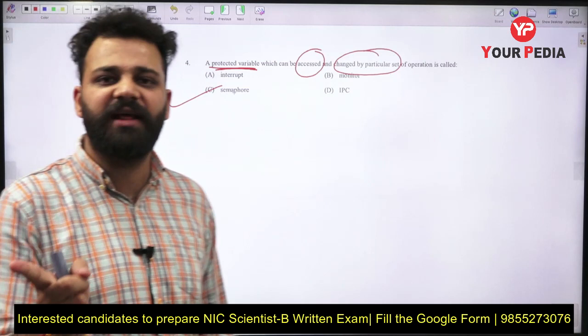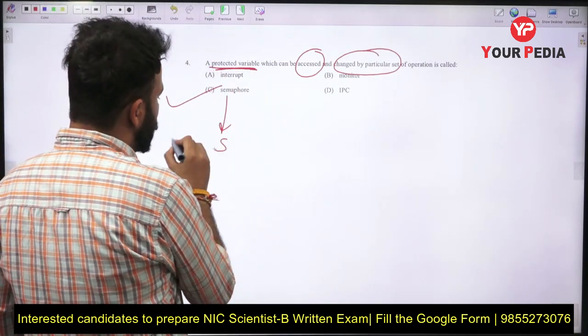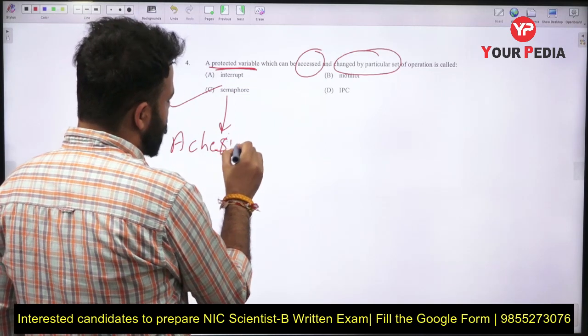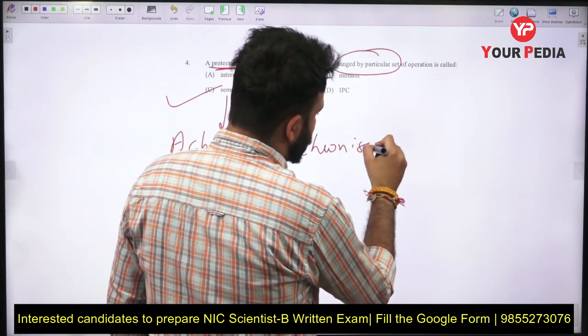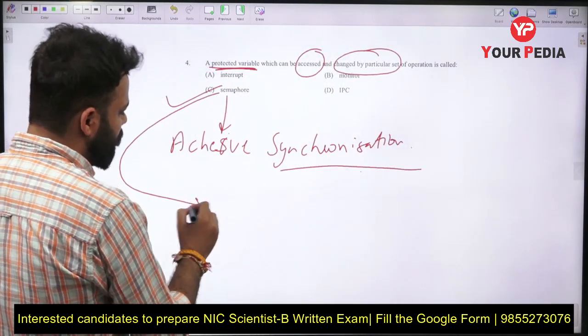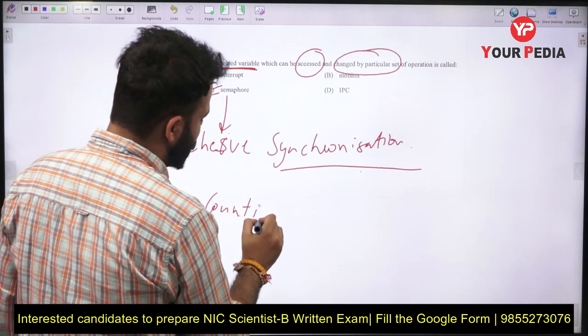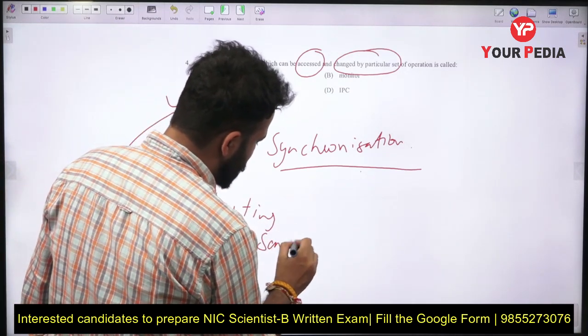Semaphore can be accessed and changed by a particular set of instructions, and it is used in order to achieve synchronization. There are two types of semaphores, counting semaphore and binary semaphore.